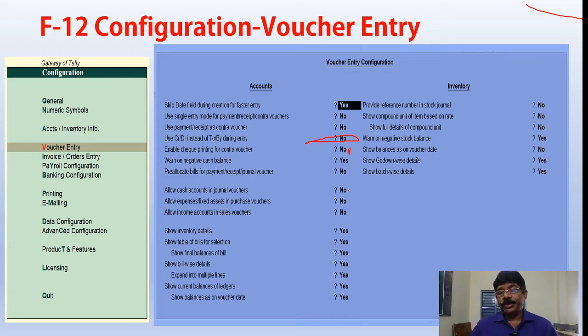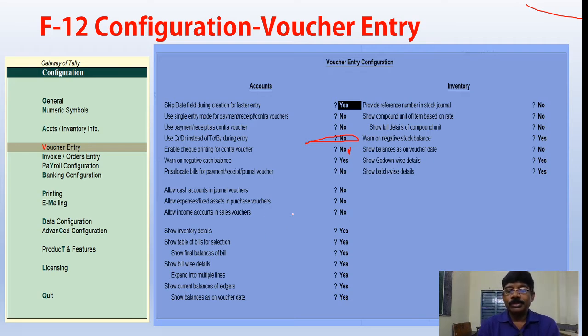Suppose depreciation on machinery: the journal entry will be depreciation account debit to machinery account credit. There is no cash or bank in those transactions, so they will be passed through journal voucher F7. If I say yes here, even payments, machinery account debit to cash, I can pass from the journal voucher.